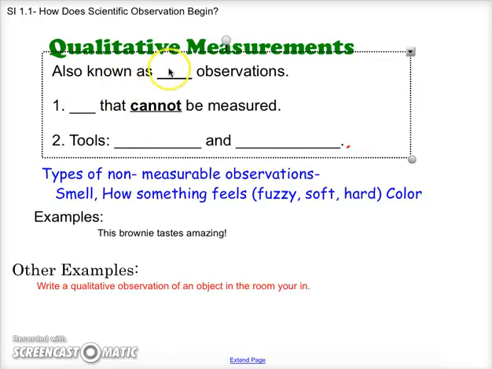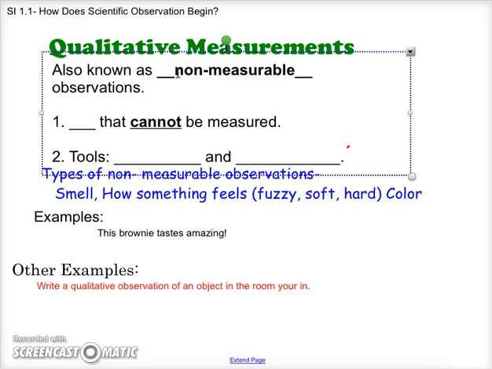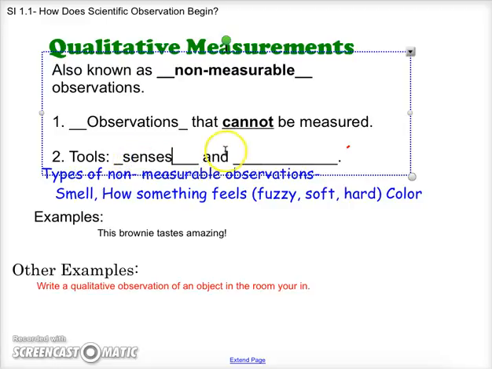For qualitative measurements, they are also known as non-measurable observations. They are observations that cannot be measured. The tools we use to measure qualitative observations are our senses and our opinions.